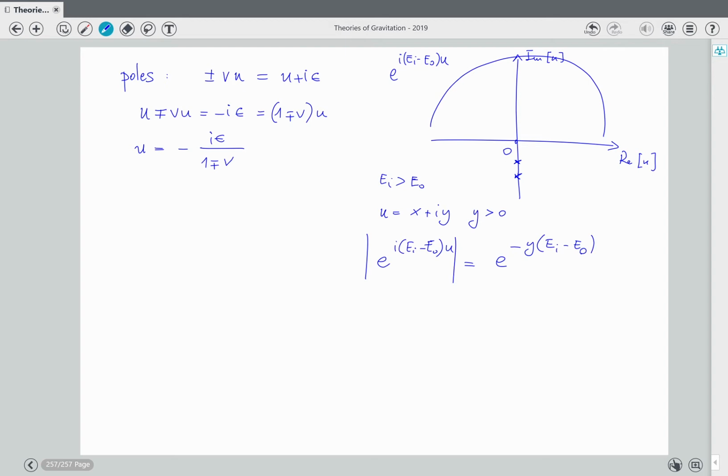So the modulus decreases exponentially in the upper half plane. You close the contour there and you get 0.